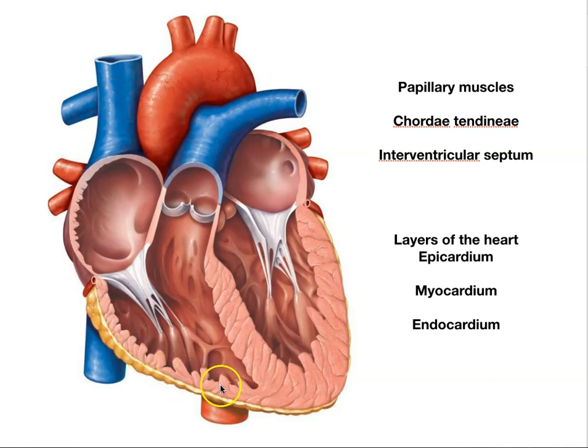So thin. Why is it thicker on the left side? Why is it so thick on this left ventricle? Where is the left ventricle pumping blood to? To your entire body. It's got to generate a huge amount of force. Where is the right ventricle pumping blood to?